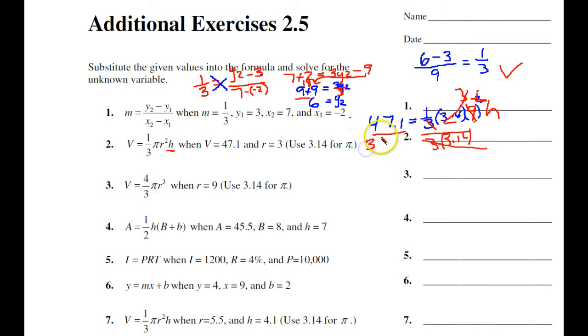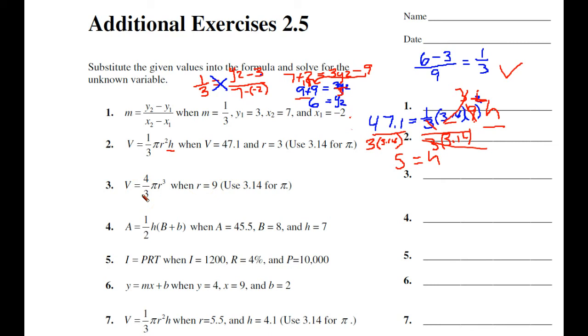And 3 times 3.14, and then we have a letter H over here. It's getting a little complicated, but dividing this by that, we get H is 5. Wow, we did a lot of substitution.